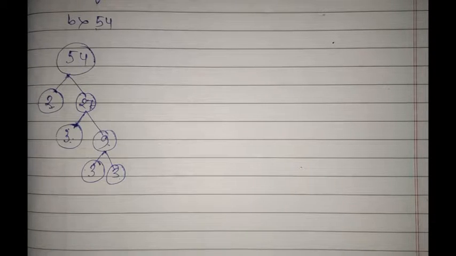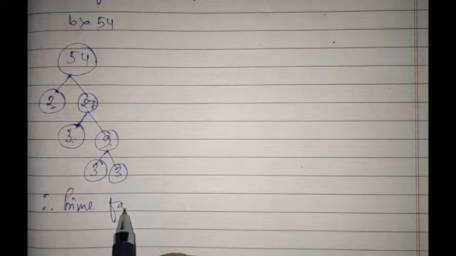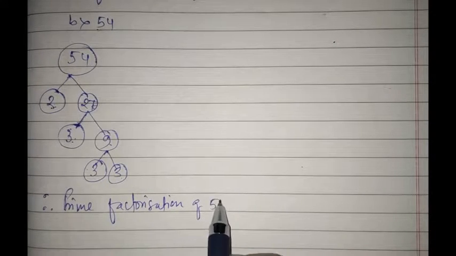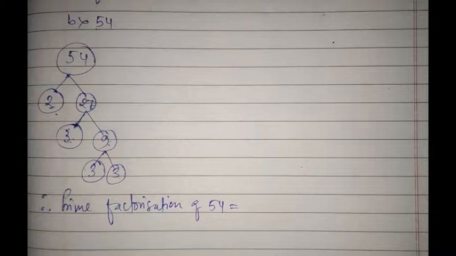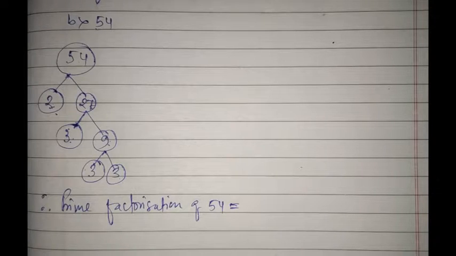So, the prime factorization of 54 using a factor tree. This is a factor tree because there are branches, like a plant has branches, so it has a tree-like appearance.